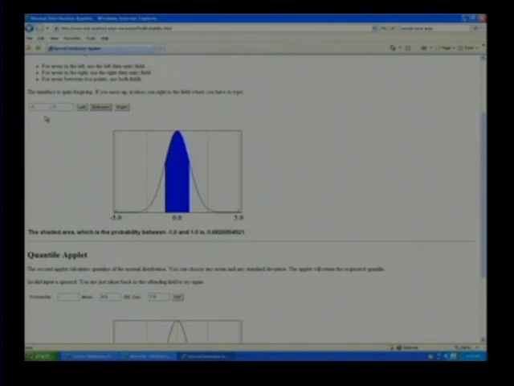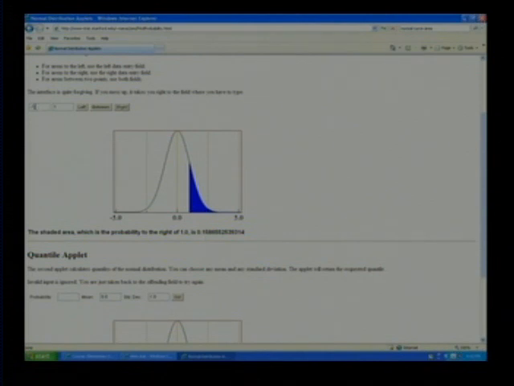That's what we've said. -1 standard deviation to 1 standard deviation has got 68% of the area. If I click on left, it tells me that to the left of that area, I've got 0.1586, or essentially 0.16. Remember, there was 0.34, so 0.5 minus the 0.34 is going to give me the 0.16. And the same thing if I go to the right.